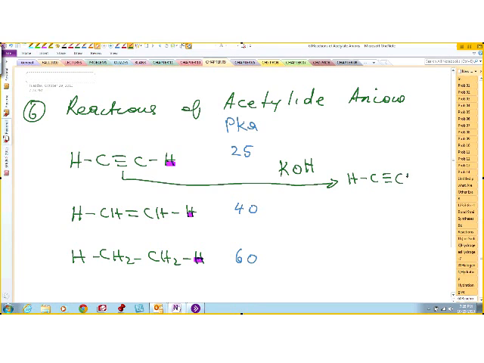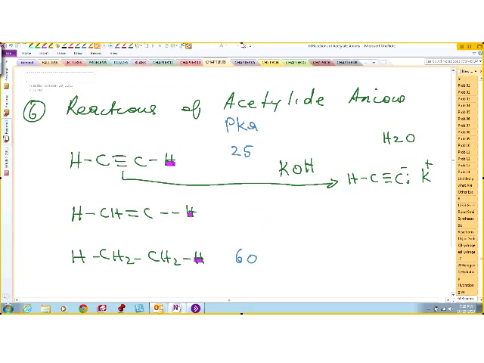I will get this, plus water. So it's acidic enough for us to be able to use potassium hydroxide to engage in an acid-base reaction with the acetylene.